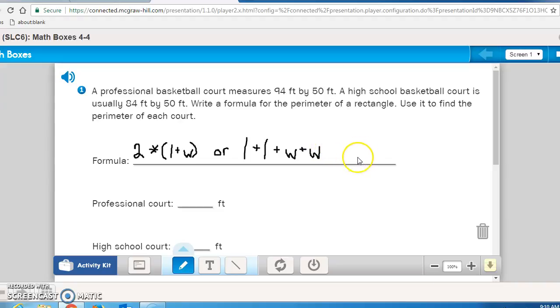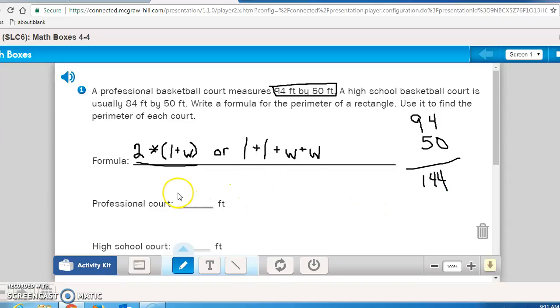Both ways are going to get you perimeter. So for the professional court, I would go up here, find professional court. I have 94 feet by 50 feet. So I would take 94 plus 50 if I'm using this first method. And I would come up with 144. Then if I times that by 2, I would come up with 288 feet.